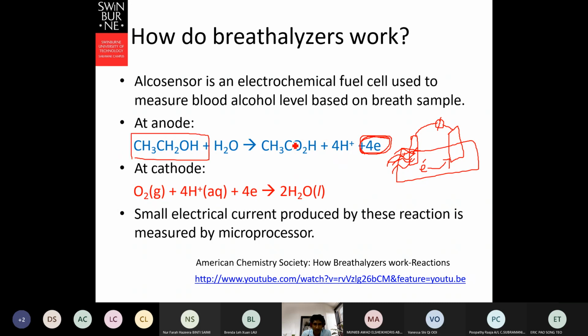So if we know how many electrons are being produced here, for one molecule of ethanol producing 4 electrons, then if I have 100 molecules or 1 Avogadro's number, we will have 4 Avogadro's number of electrons here, and depending on that, a higher current will be produced, and then the reading will go high, and that is how we know that this driver is under the influence of alcohol, and the police will summon him or give him a fine, and it's rightly so.